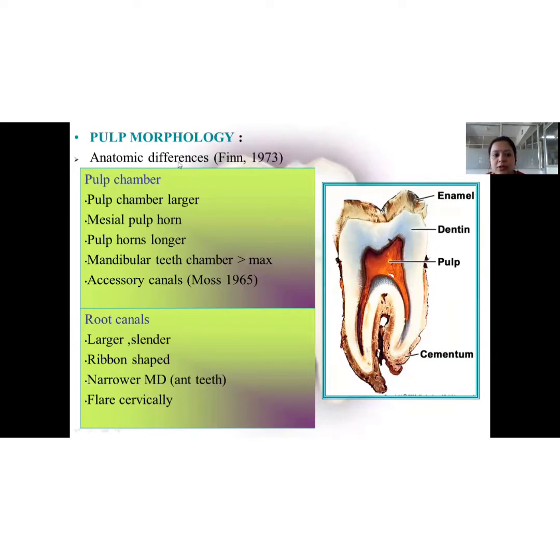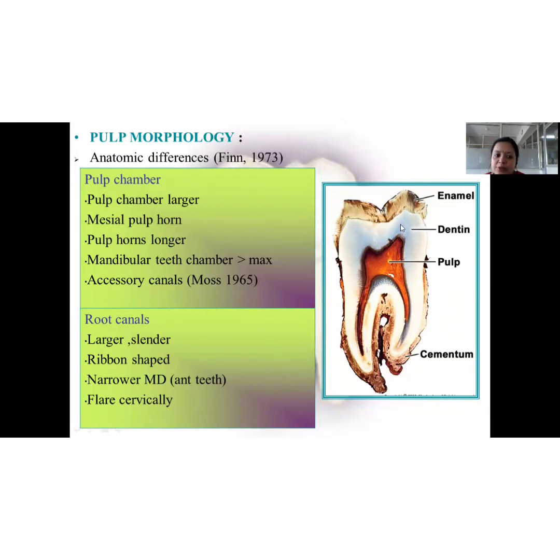According to Pin in 1973, there are differences in the pulp chamber and the root canals of both primary and permanent teeth. In primary teeth the pulp chamber is larger. The pulp horn is more exaggerated and the pulp chamber follows the anatomy of the dentine of the tooth.